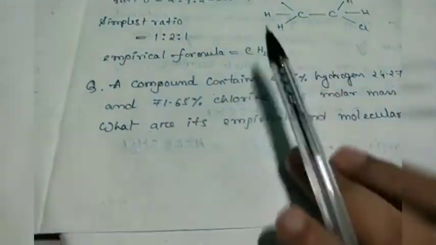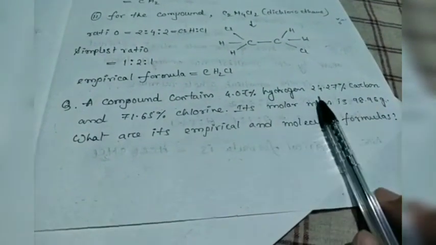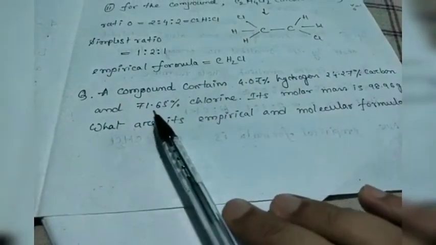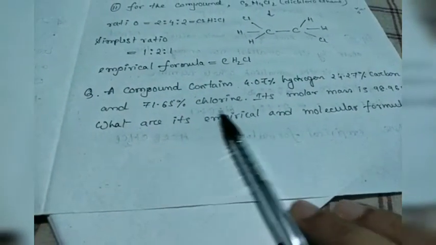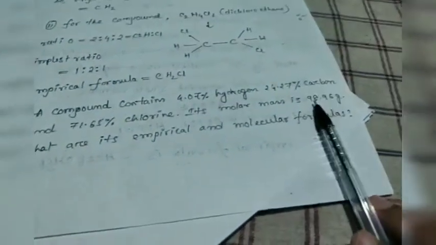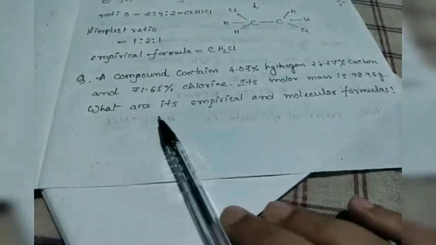Now a question: a compound contains 4.07% hydrogen, 24.27% carbon, and 71.65% chlorine. Its molar mass is given as 98.96 gram. What are its empirical and molecular formulas? We have to calculate the empirical and molecular formula.